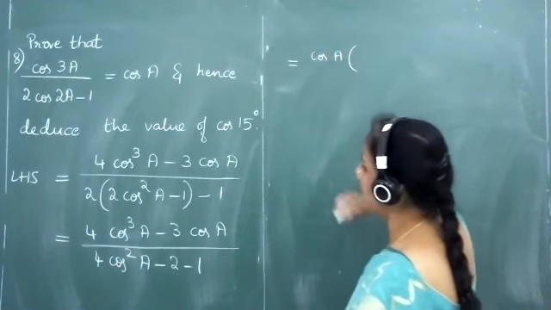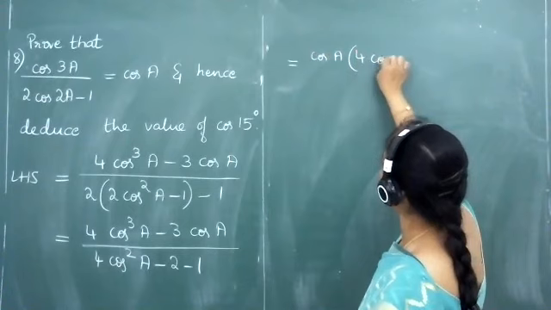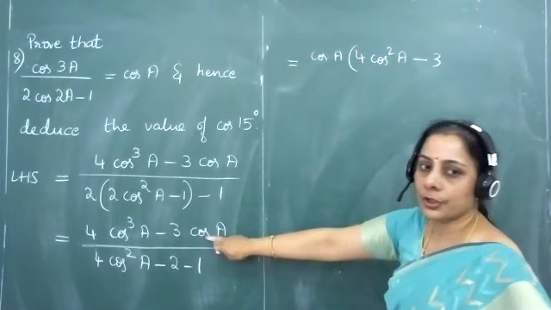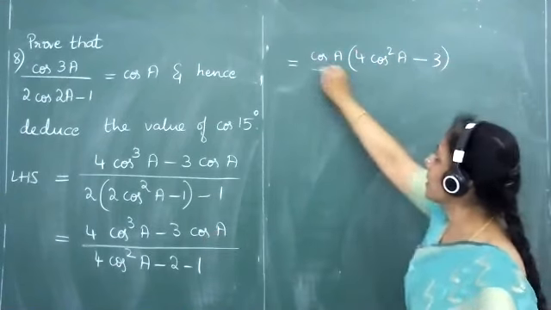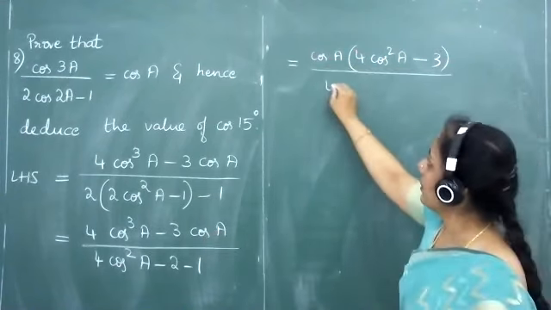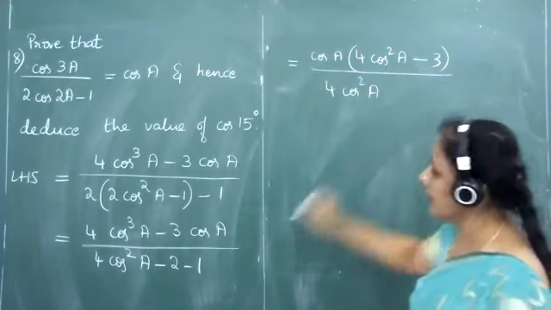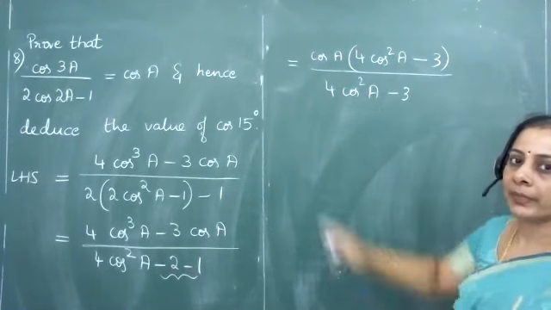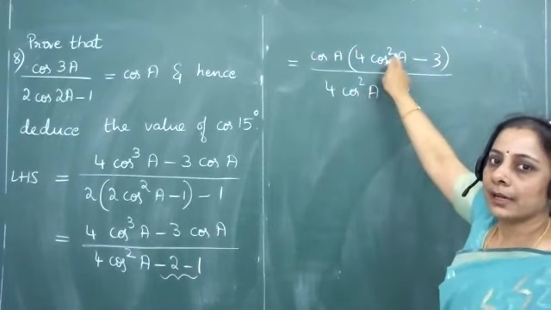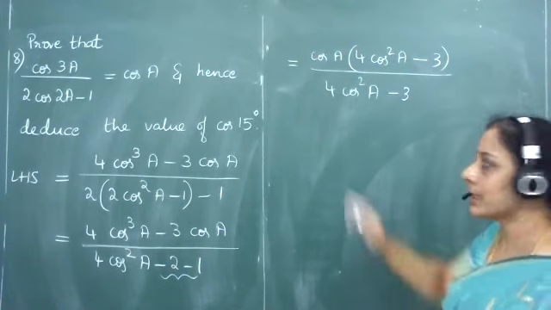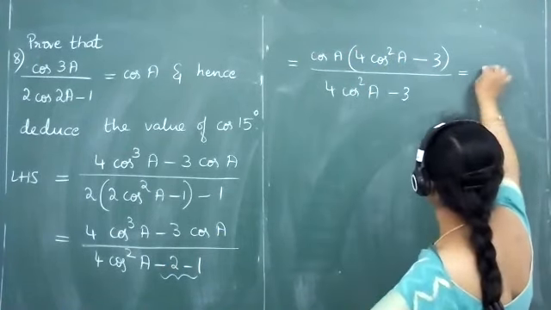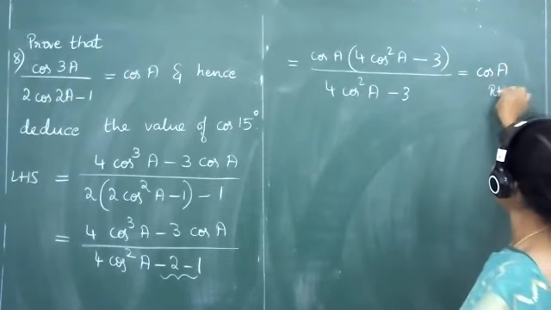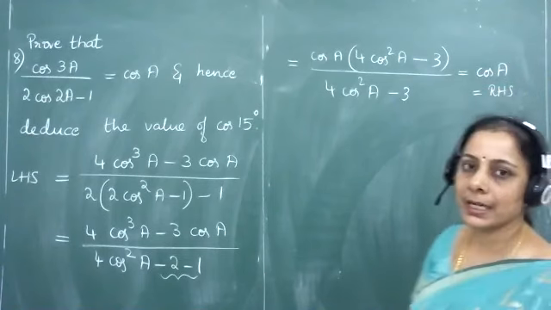Cos A whole multiplied with 4 cos squared A minus 3, since I have already taken out cos A. Whole divided by 4 cos squared A minus 1 minus 2, which is equal to minus 3. 4 cos squared A minus 3 and 4 cos squared A minus 3, two common terms, get eliminated, and so we have the result equal to cos A. This is the expected RHS. So the identity is proved.